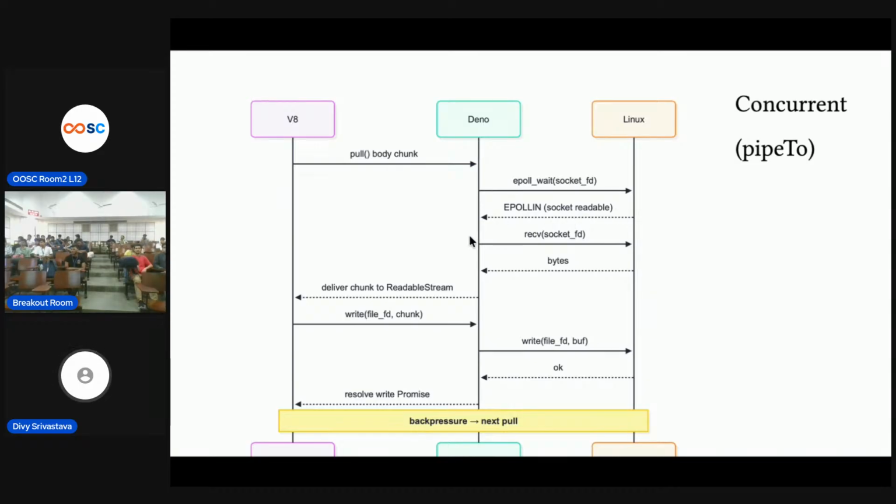Then the socket is readable, and we read from the socket file descriptor, and that returns bytes. Then Deno will return all those bytes back to JavaScript. And when that happens, we write to the file that we opened, the index.html file, all those chunks that were read from the socket. And then this resolves the first promise, so the first write.